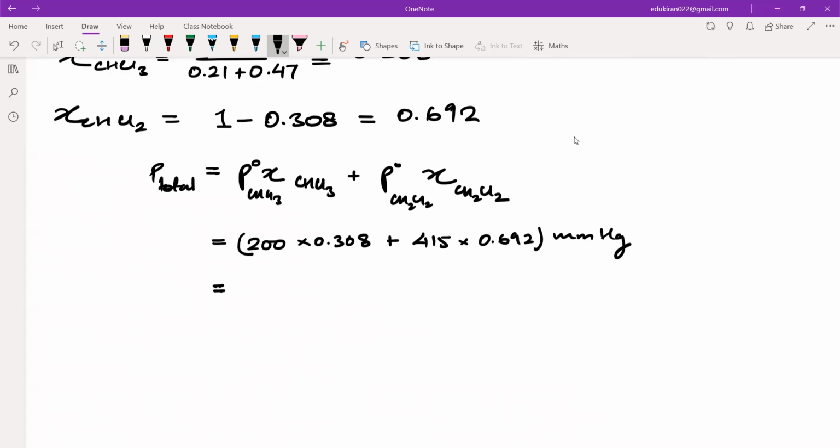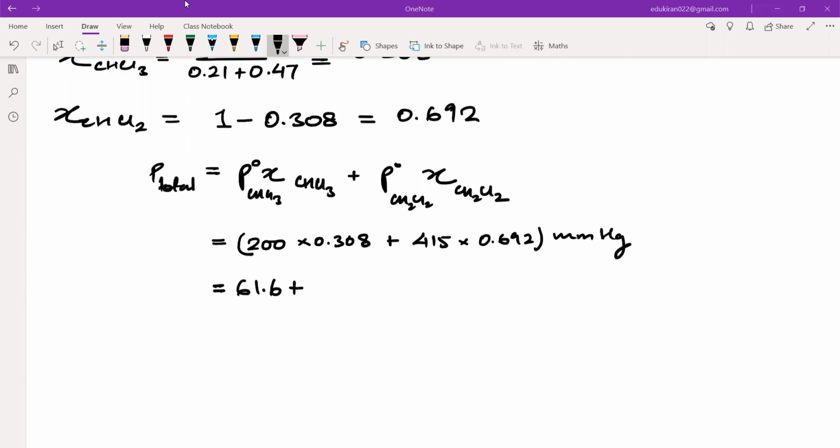So how much will this be for you? 30, 30, 60, 60, and here 8, 8, 16, 60 and 16, so it's 61.6 plus, okay, it is coming out to be 348, I think.